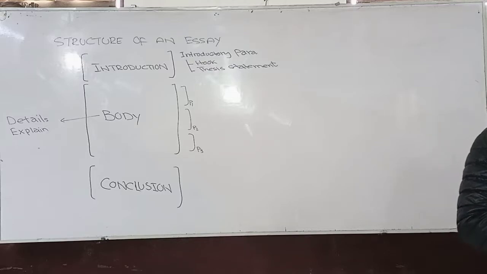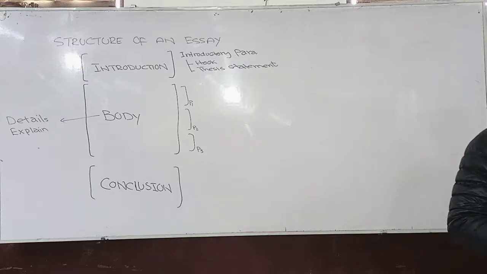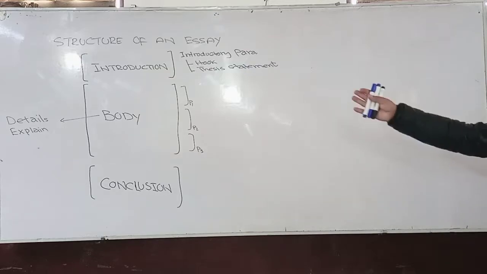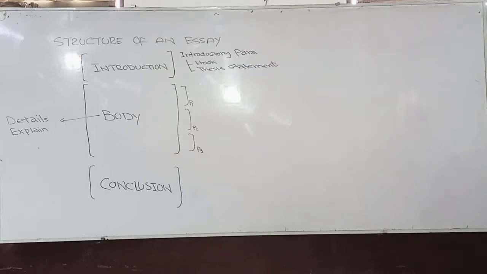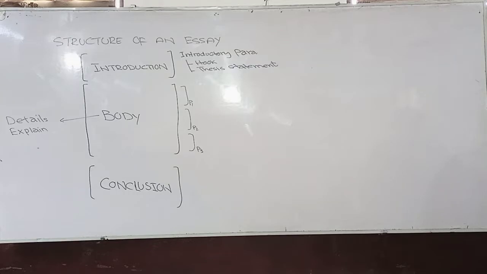But at the same time, when writing an essay at university level, or if you are appearing in the CSS exams or other competitive exams, where the length of the essay is above 3,000 words or something like that, it means that your essay and its body would be large and you will be engaging more and more paras in it, right?